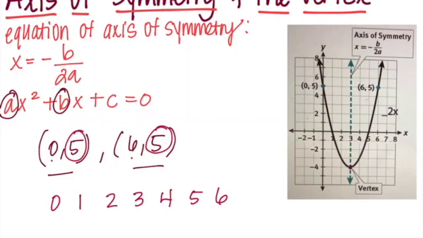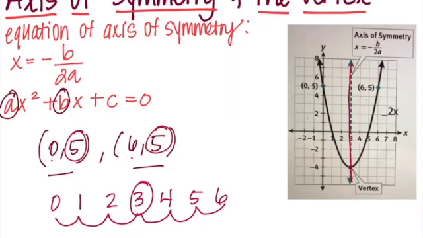Or I can count and say 1, 2, 3, 1, 2, 3. I met in the middle. So my axis of symmetry would be x is equal to 3, right? And if you look here, you see that the axis of symmetry is going through the x coordinate at 3. So you could have taken your x values and counted.